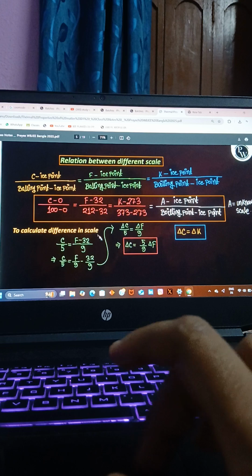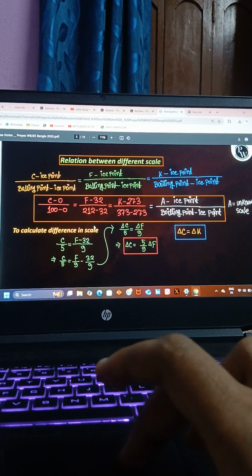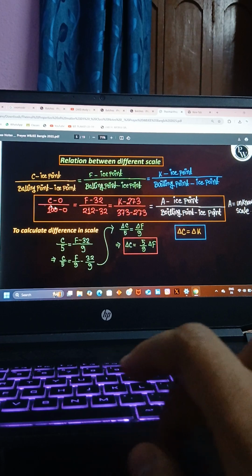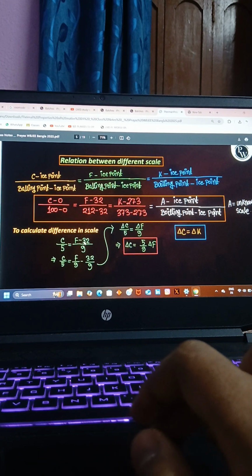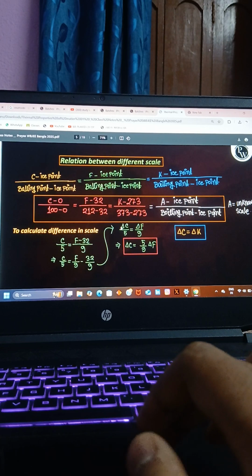So you can see there is a most important formula derived from the long formula: C by 5 equals F minus 32 by 9.